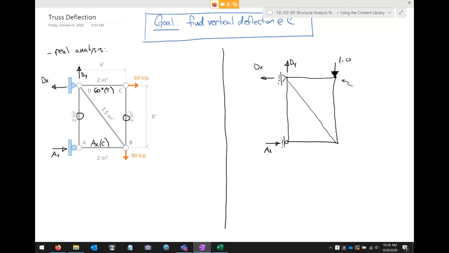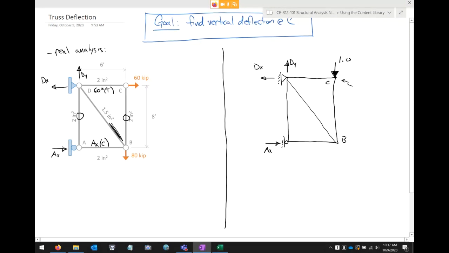Now, how about over here? This is joint B. This is joint C. I have to ask, anybody see any zero force members we can isolate over here? Why is BC really a zero force member? Because with the 80 kips pulling down on it, well, don't forget this.